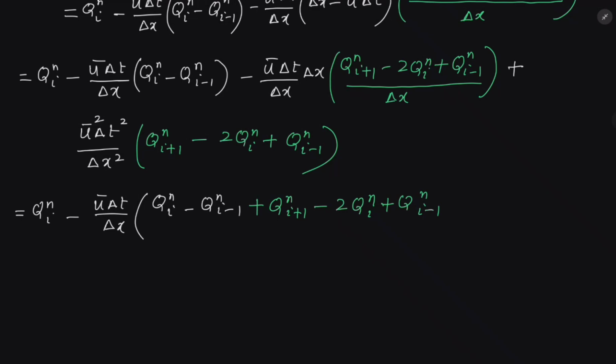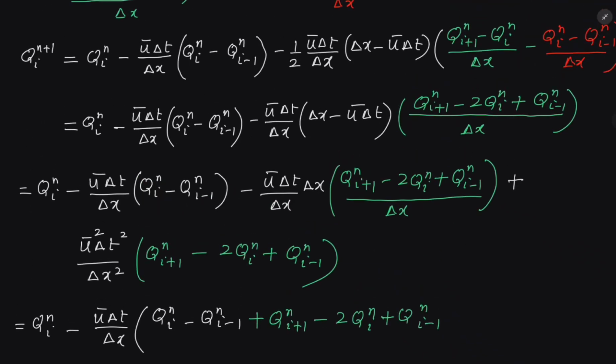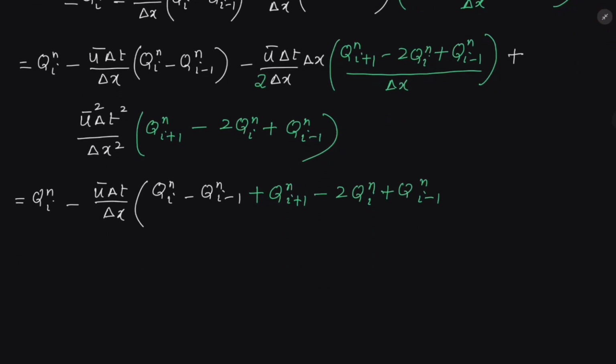Is there any division? No, there is no division. There should be 2 as well, I guess. So we have 2 over here, 2 q n i, and we also have minus 2 q n i minus 1 due to this minus.